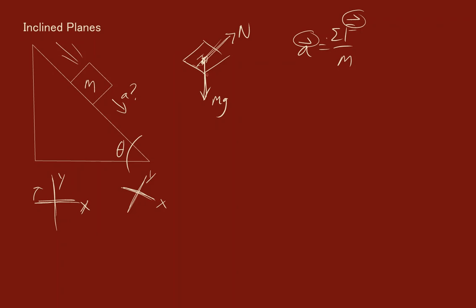We're going to leave the normal force alone, and we're going to resolve the weight of the object, or the gravity acting on the object, along those two components. So we'll have a y component and an x component.